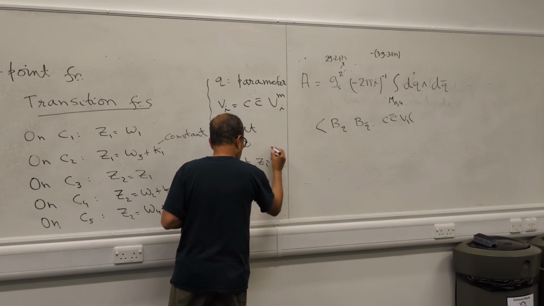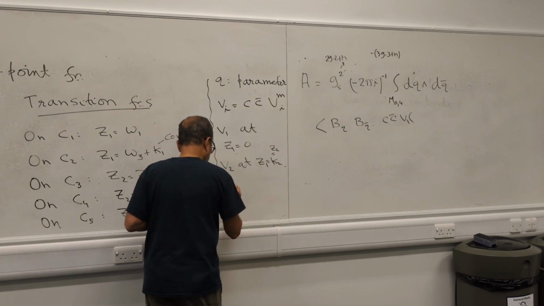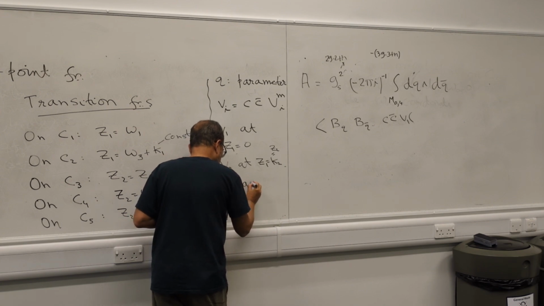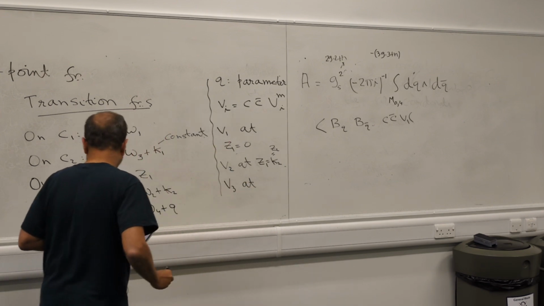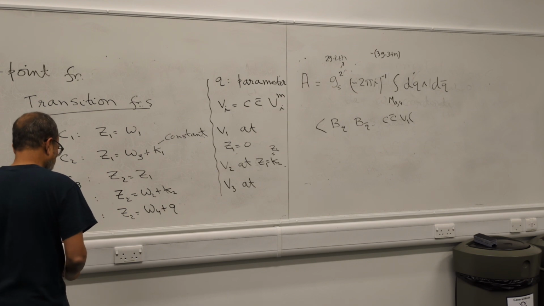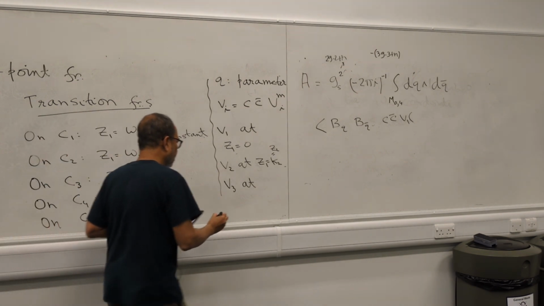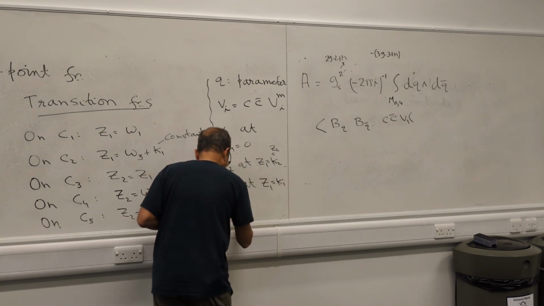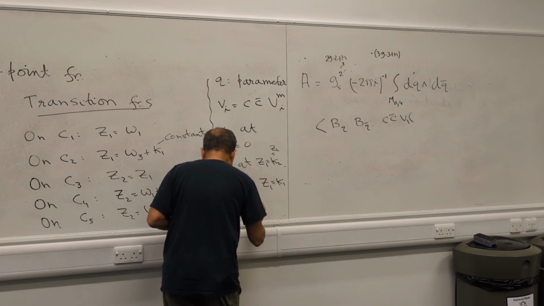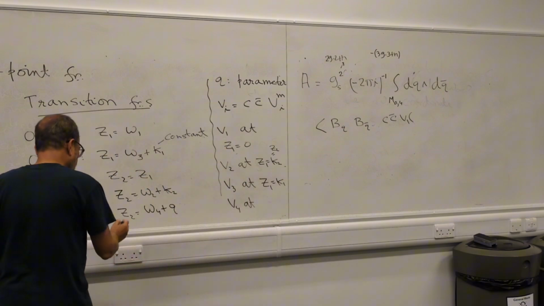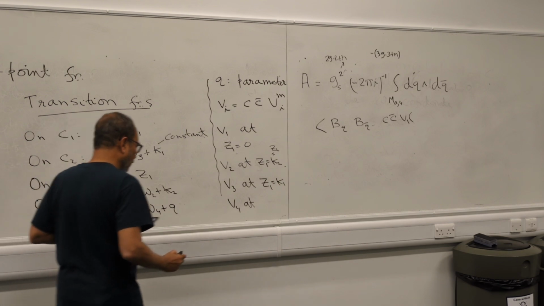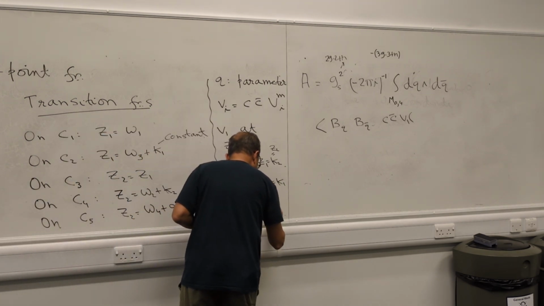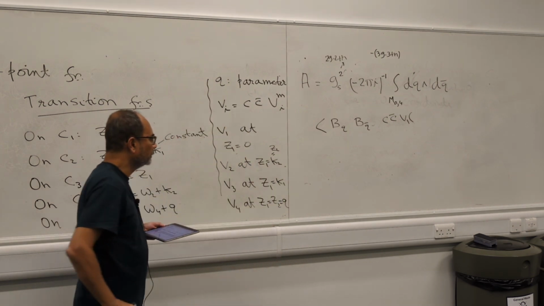which is also equal to Z2, and V3 at Z1 equal to K1, and V4 at Z2 equal to Q, so Z1 equal to Q. Okay.